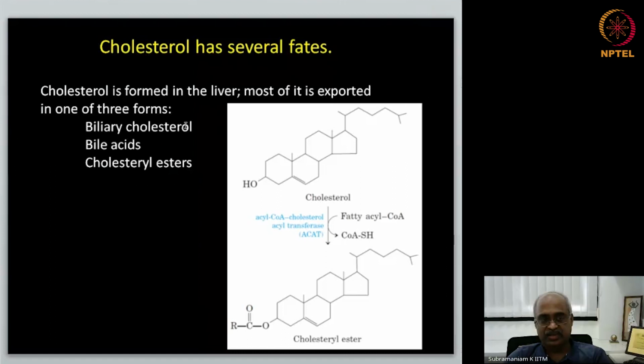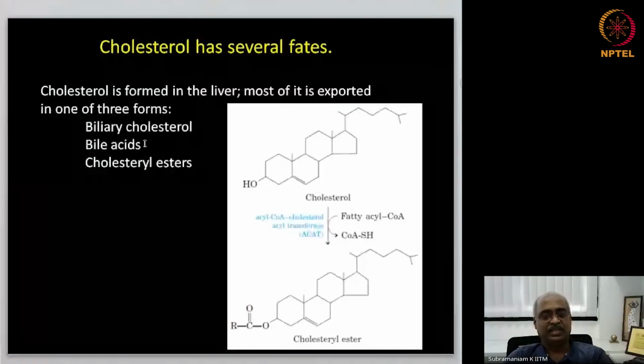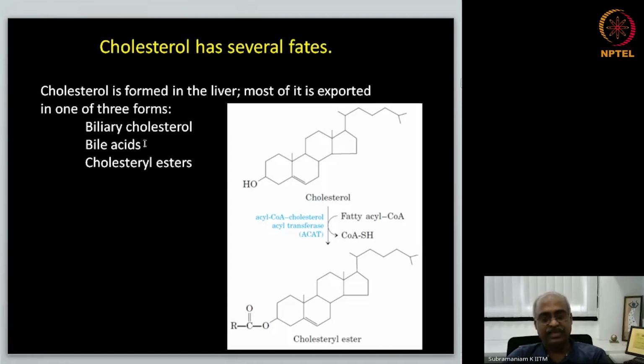One is biliary cholesterol, where it forms bile acids, and these bile acids are stored in the gallbladder and used to emulsify the diet triacylglycerol that I just showed you in that small intestine cartoon, which is going to appear again. So that is one role of cholesterol.